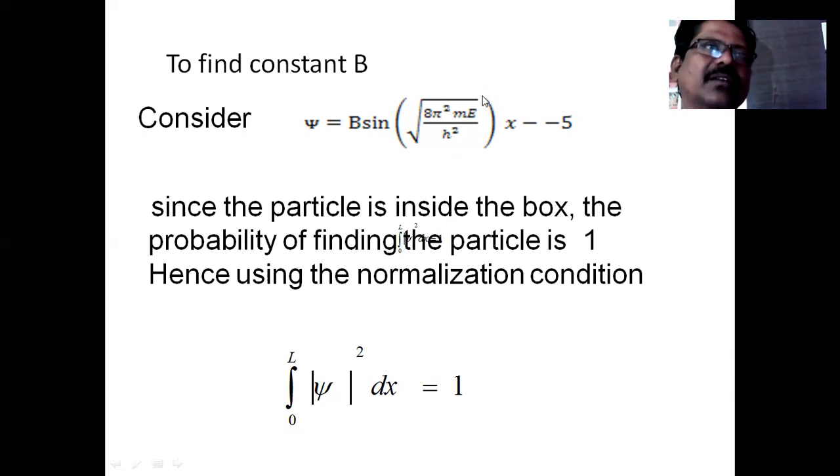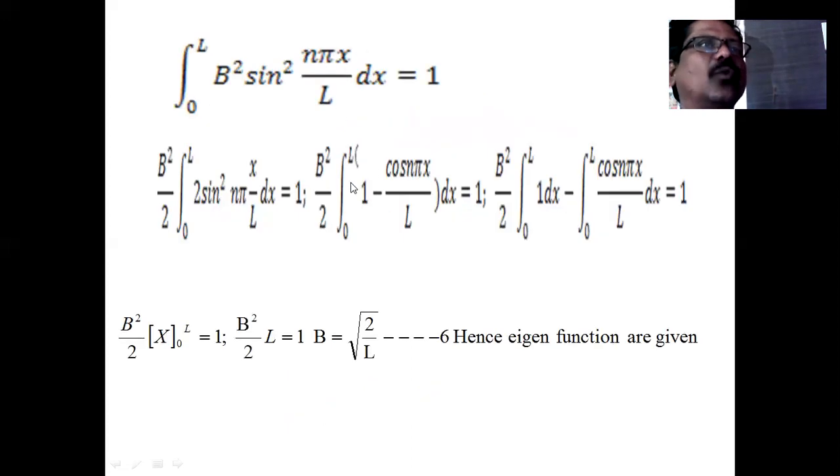Now let us substitute this value into the above equation. It becomes the integration from 0 to L of B square sine square (n pi x by L) dx, because n pi by L is nothing but K, and I have inserted that value here.